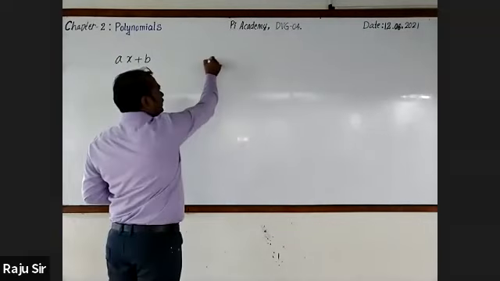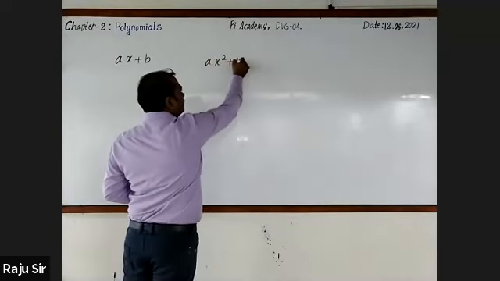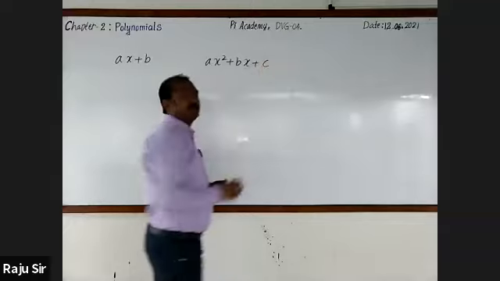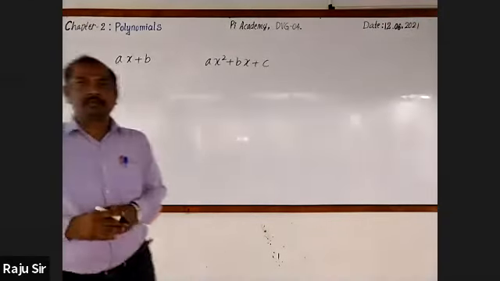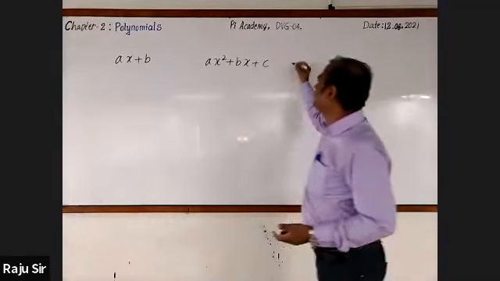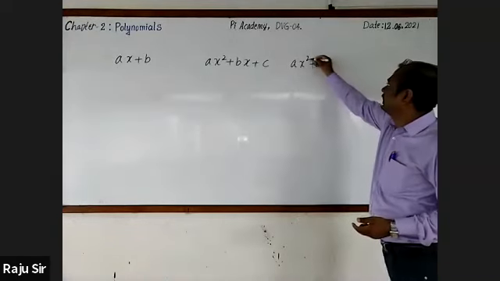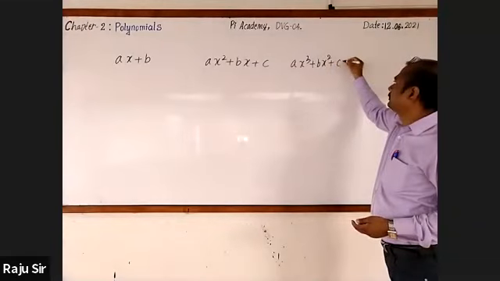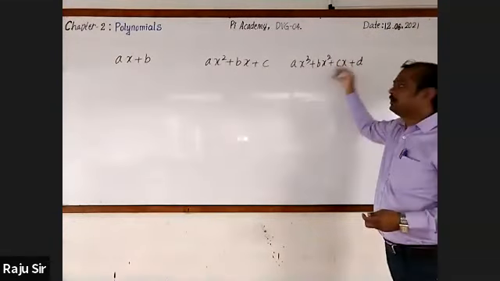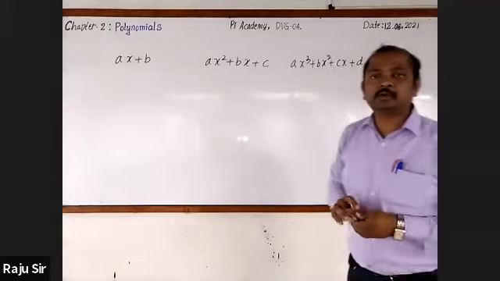A quadratic polynomial is ax square plus bx plus c, where a is not equal to 0. A cubic polynomial is ax cube plus bx square plus cx plus d, where a is not equal to 0.